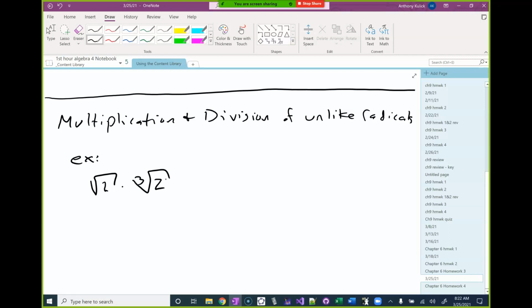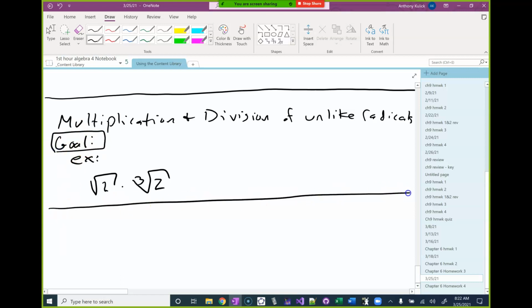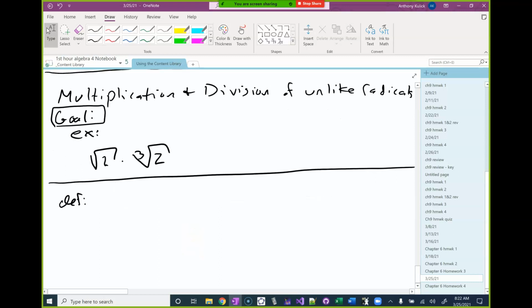To do that, we need an alternate definition of what we mean by a radical. So what we're going to do is give you guys the exponential definition of a radical. So if I have the nth root of a to the m, that's the same thing as a to the m over n.